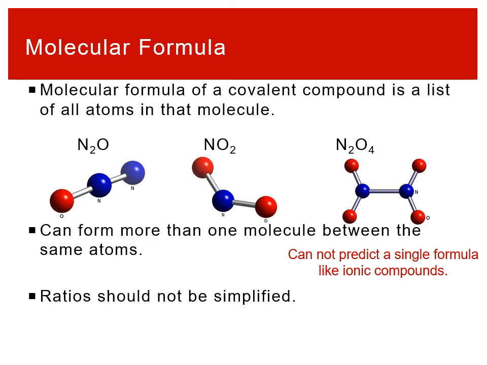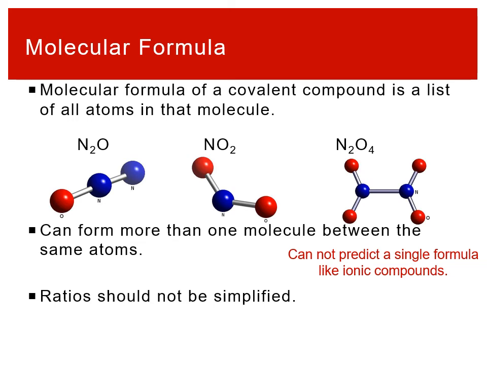When you're dealing with covalent compounds, if you said nitrogen and oxygen, what compound do they form? You don't know. You cannot make that prediction because here's three possibilities right here. You can kind of mix them in different ways to prefer one or the other, but all of these are possible. So covalent compounds are a lot more complicated than ionic compounds because you have what ratios do you have?